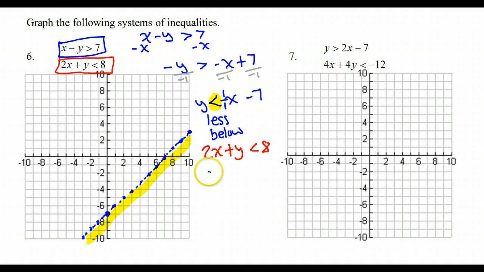Alright, you guys, I'm starting to lose my voice. So just watch what I'm doing, but I'm going to have to do less talking, okay? Alright, so y is by itself. I didn't have to reverse anything. So let's graph it.